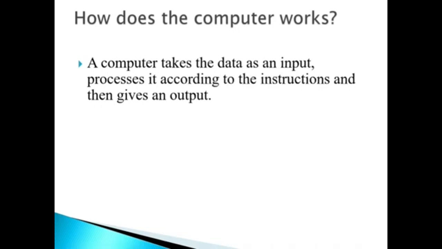First we give the instruction as an input, then the process is done according to what we have given, then it gives the output. This entire process we call the IPO cycle.